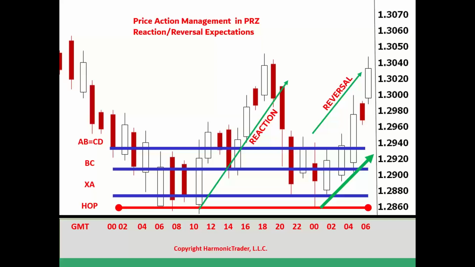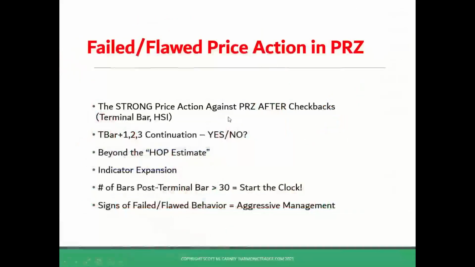So we'll combine that with, is it the first time or second time? Do we have some kind of ideal retest going on? There's a lot of possibilities, but it's really not that difficult once we look for a couple of signals that this software provides.